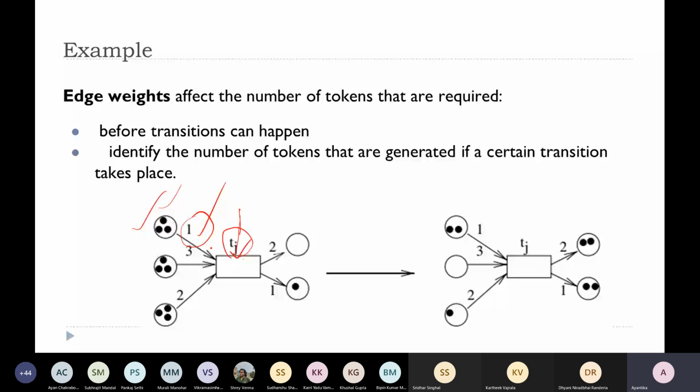Since this edge weight is 1, it will consume only a single token, and it will generate some token, some postcondition. These are the preconditions and these are the postconditions in the output place.